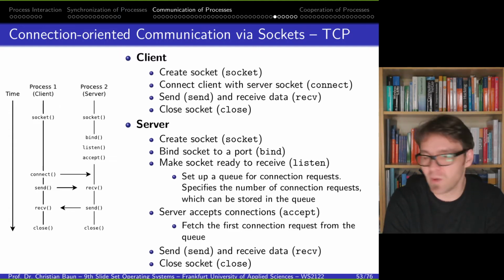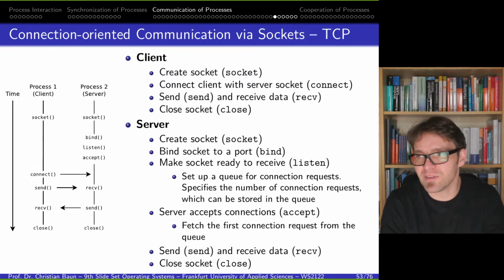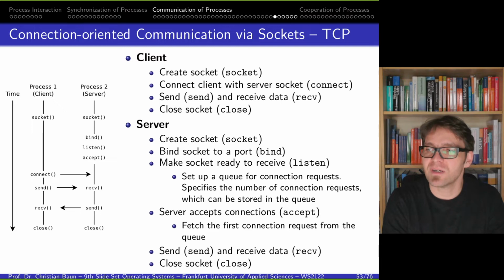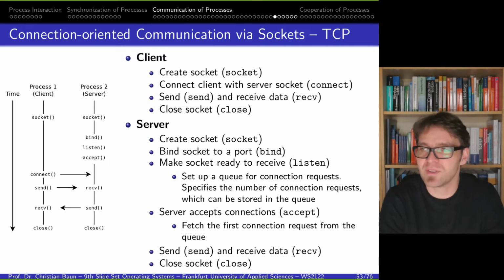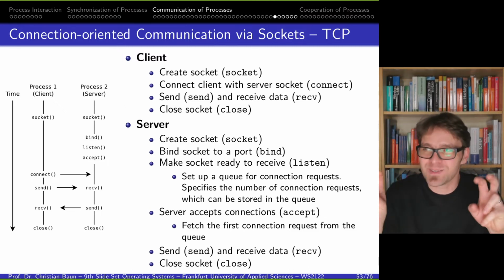So communication may happen in both directions, and no one is the boss, basically. But just to keep it simple, I like to specify one process as client and one as server, and the one who binds the socket to a port number and does listen and accept is for me always the server.